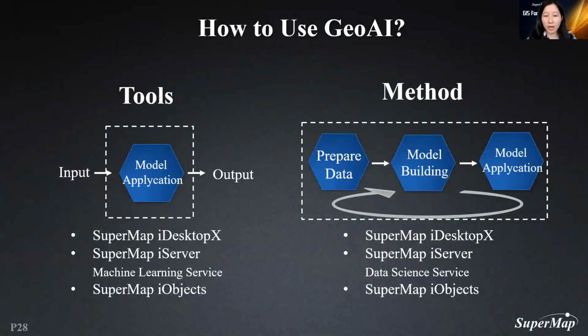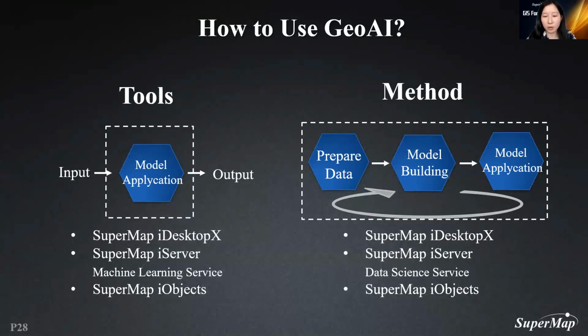For this GeoAI, SuperMap provides two ways to use. One is tools, and the other is methods. With these ready-to-use tools, users only need to enter their own geospatial data and perform calculations to obtain results.